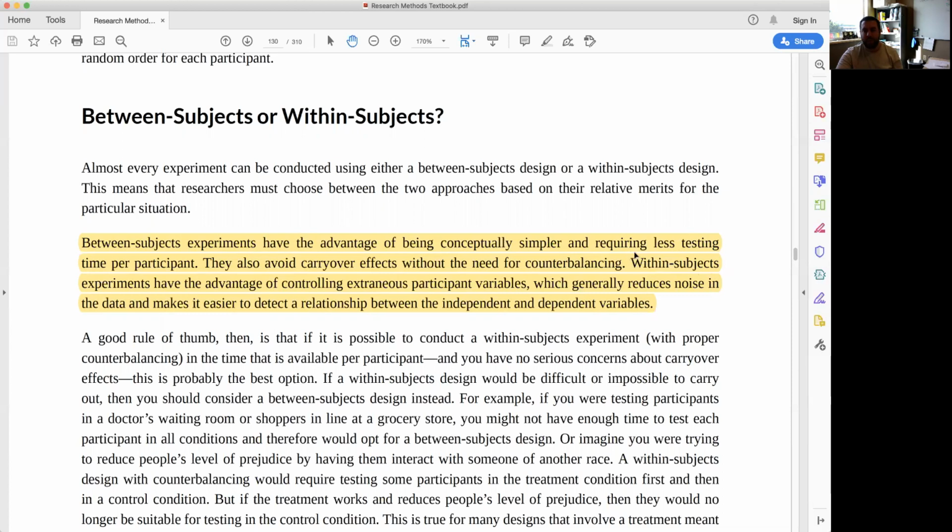Well, with a within subject design, you would only need 30 participants, right? Because they're going to do every single one. With a between subject design, if you have 4 conditions and you need 30 participants in each one, you need 120 participants. So that means that you're going to be paying out more because you need to get more participants. So again, just another pro con.